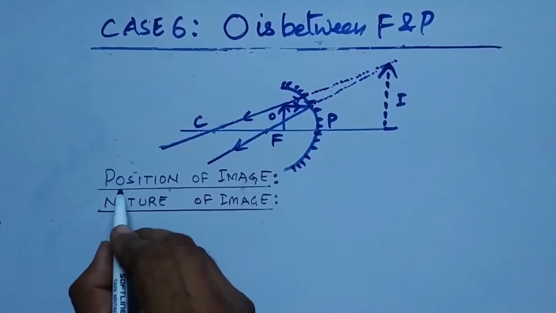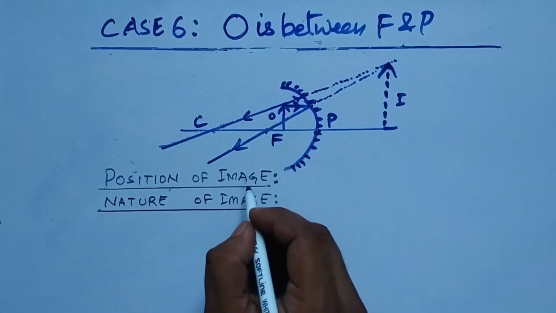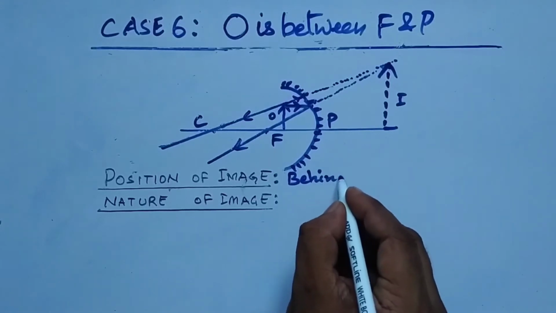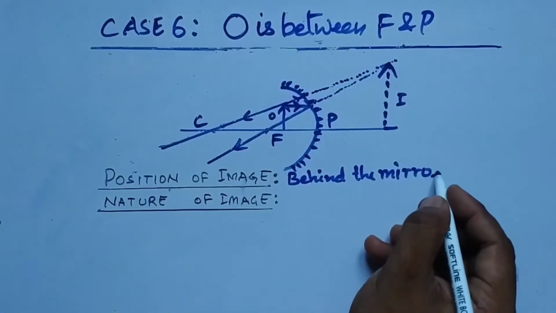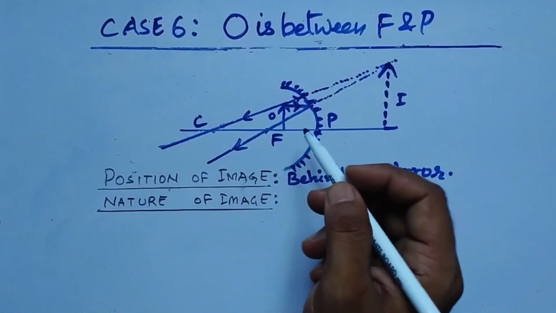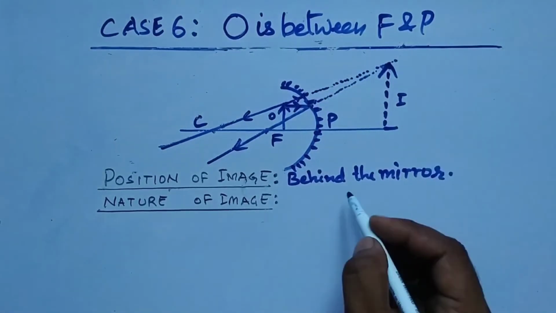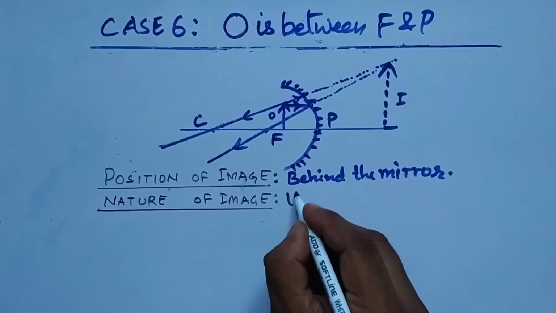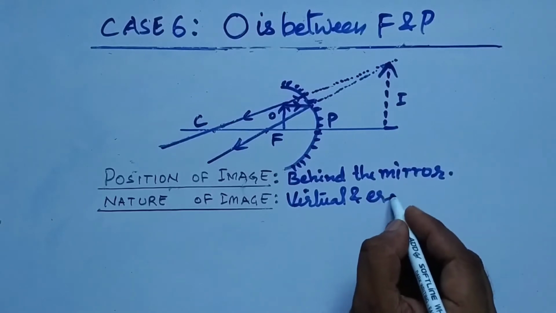So if we talk about the position of the image, when the object is between focus and pole, the image will be formed behind the mirror. And what kind of image will be formed? Here rays are not actually intersecting each other. Moreover, the image is formed behind the mirror, and whenever the image is formed behind the mirror, the nature of the image will be virtual and erect.